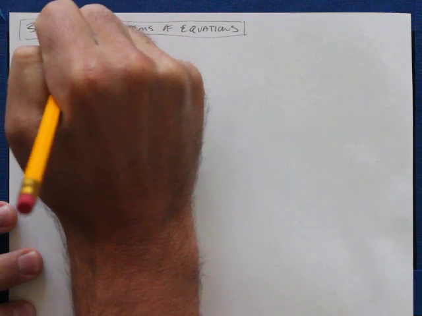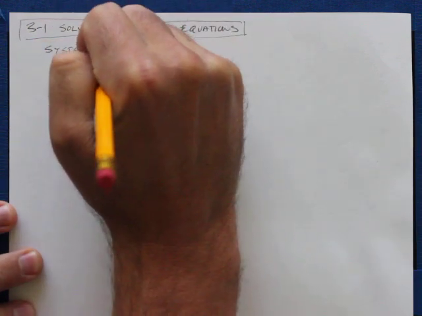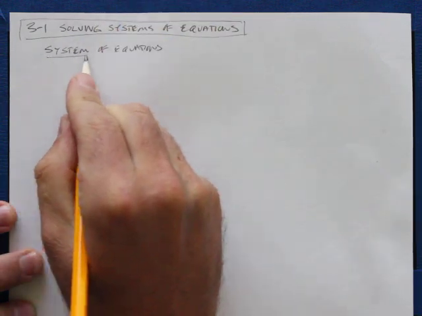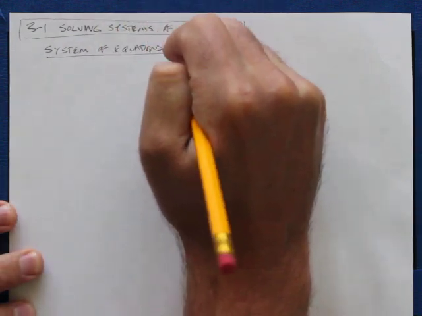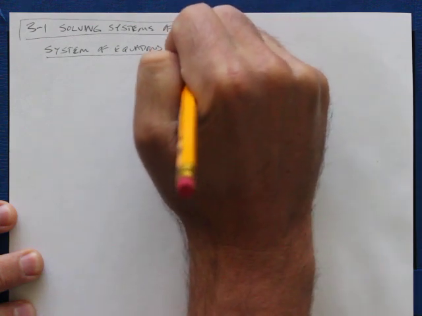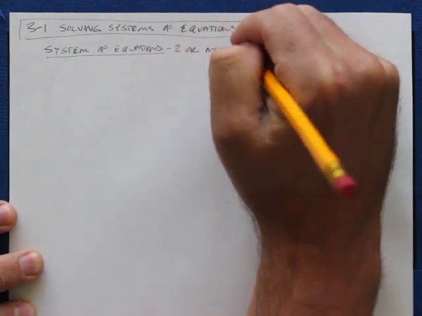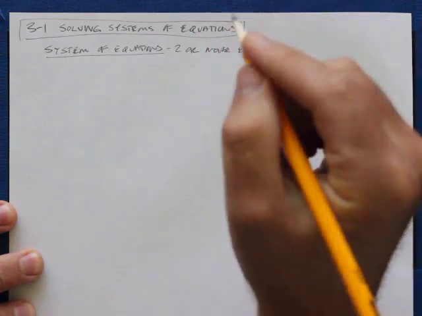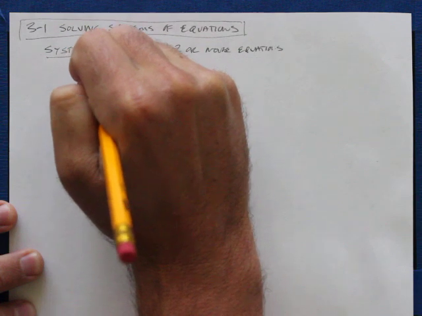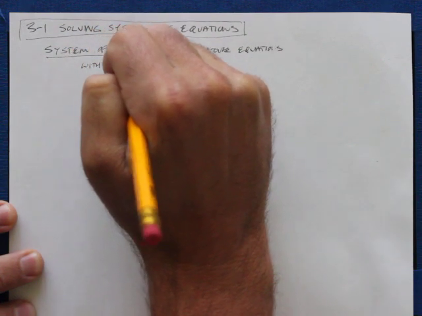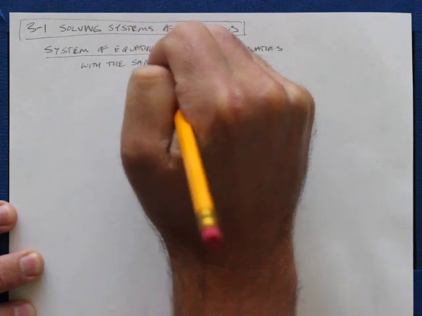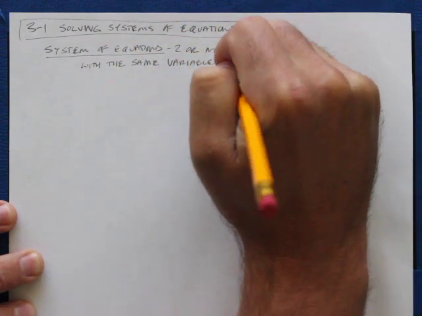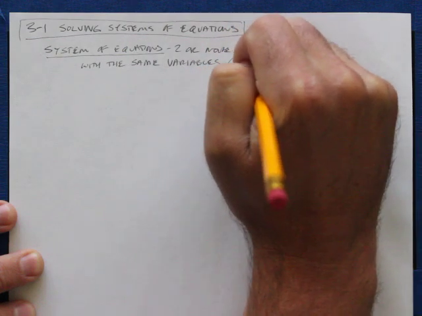Here's what a system of equations is. This is two or more equations with the same variables, and we graph them on the same coordinate plane.